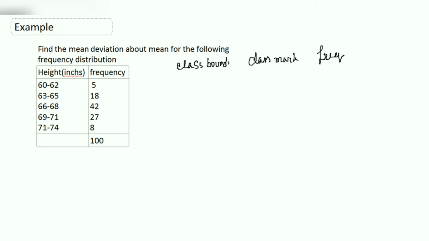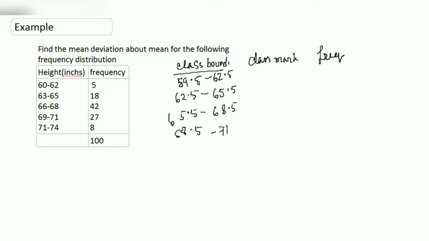Now the class boundaries are 59.5 to 62.5, 62.5 to 65.5, 65.5 to 68.5, 68.5 to 71.5 and 71.5 to 74.5.